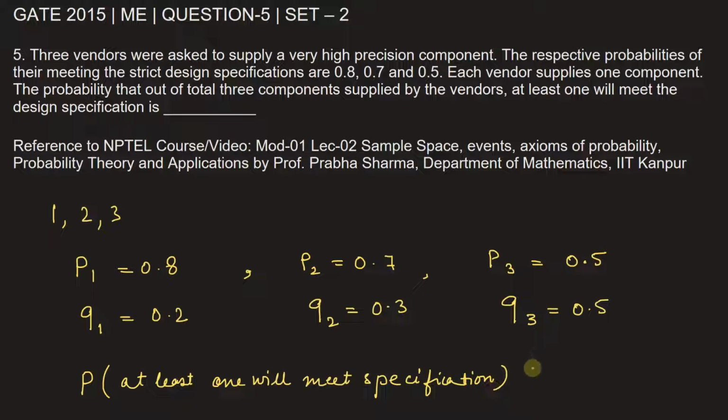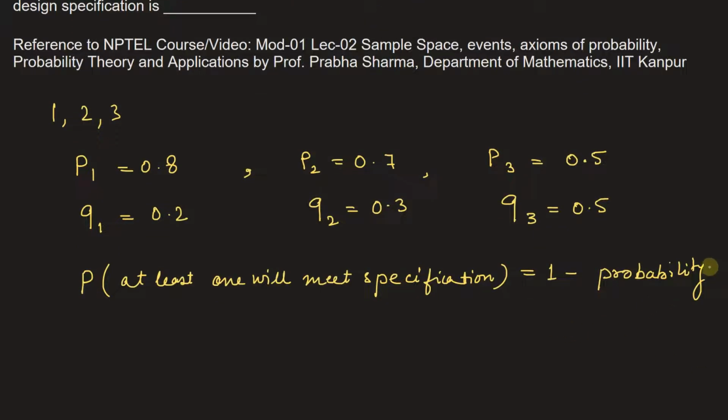So this will be equal to 1 minus the probability of not meeting the desired specification, 1 minus the probability, the bracket we can write, of not meeting the required specification.